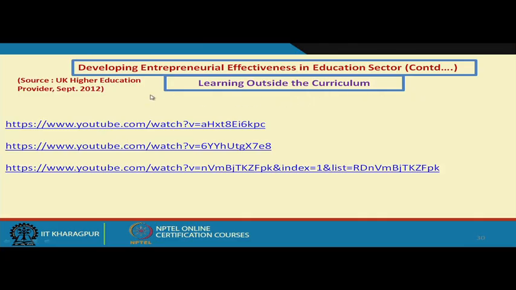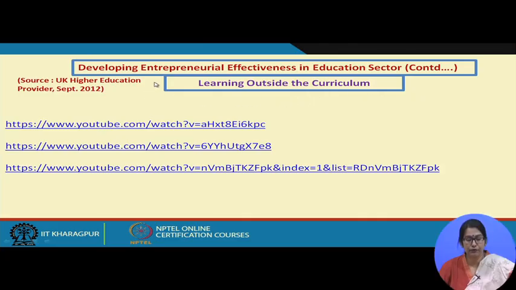And to keep an eye on our effectiveness or outcome, that means its impact on the stakeholders, we can take the help of this kind of framework to evaluate our learning outcome, or business outcome, or educational entrepreneurial outcomes.